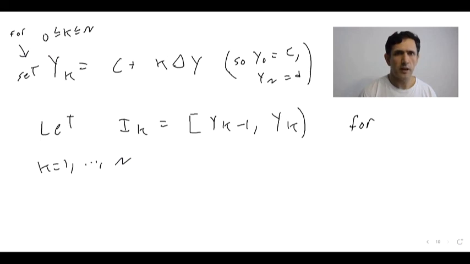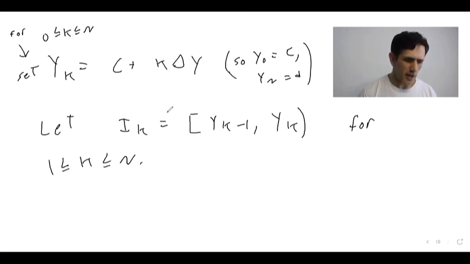Right. So for k between 1 and n, let Ik be this. And do like we did before, similar to what we did before.